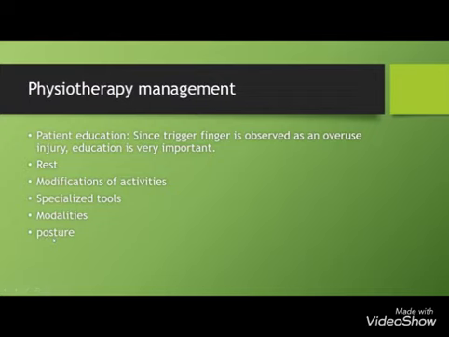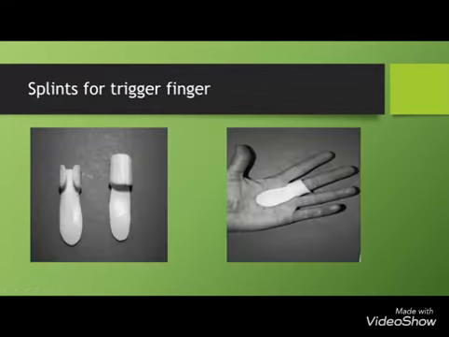If there is any contracture of the finger, then finger stretching and improvement of posture of the hand are there. These are the splints for trigger finger. It can be worn like this. So flexion deformity can be stopped by this kind of splint.